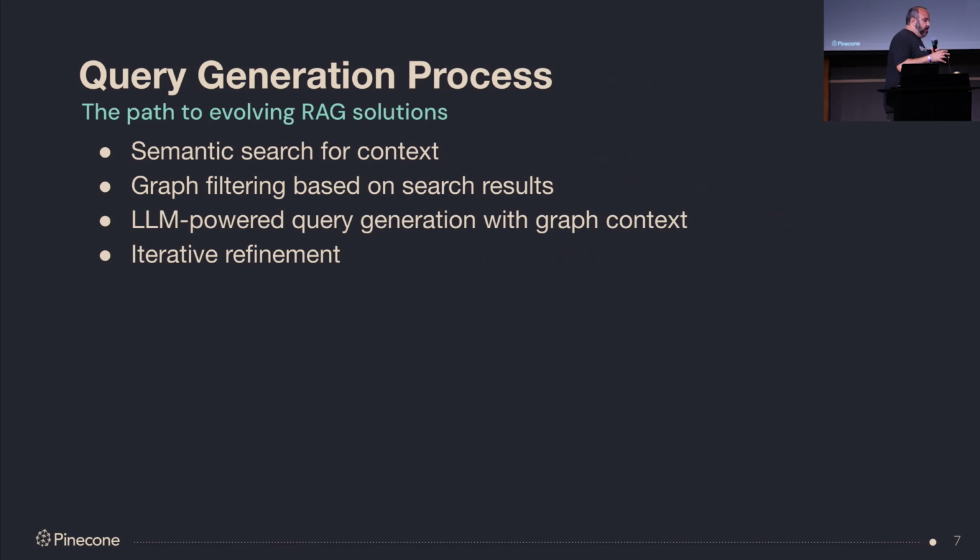So as you saw in the demo, the components are a semantic search operation, which is like the RAG we all know and love, right? But it has one extra step, and that is giving me back some handle onto the graph.